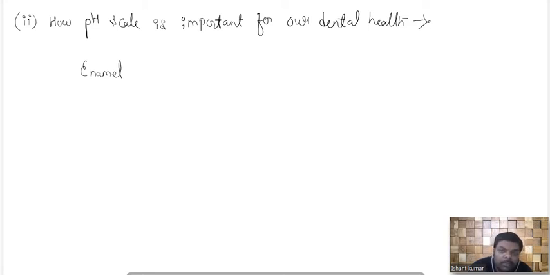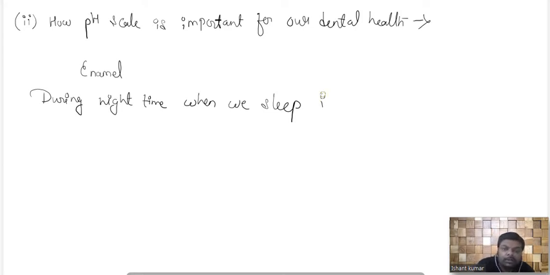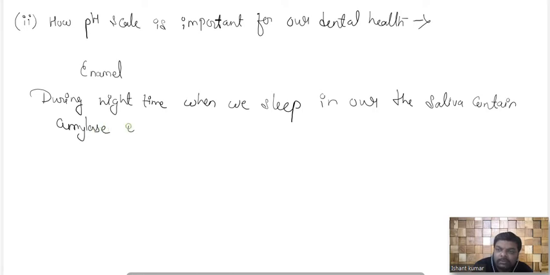So what happens during night time when we sleep? In our mouth, the saliva contains amylase, which is an enzyme.